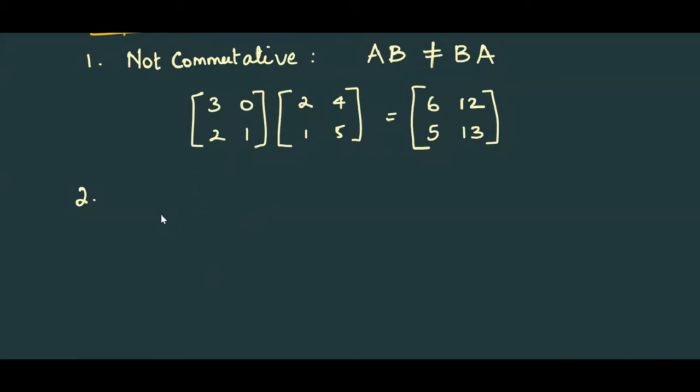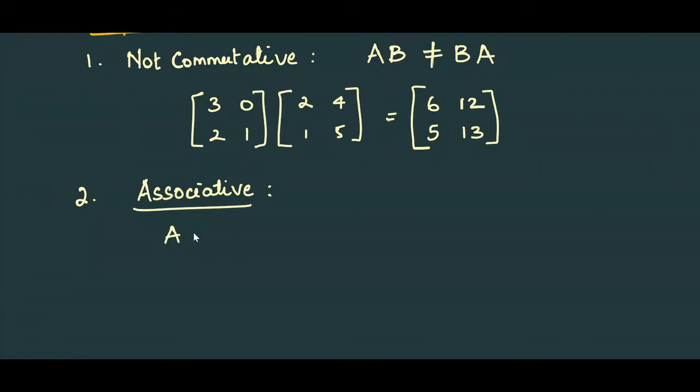Then associative: as long as conformability exists, the associative property holds. Matrix multiplication exists as long as they are conformable.